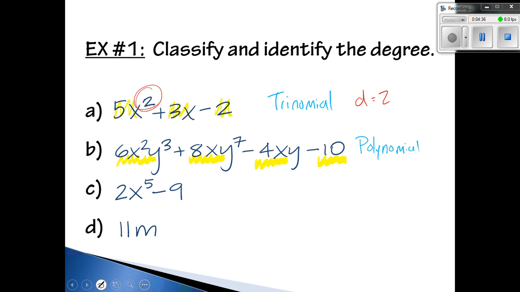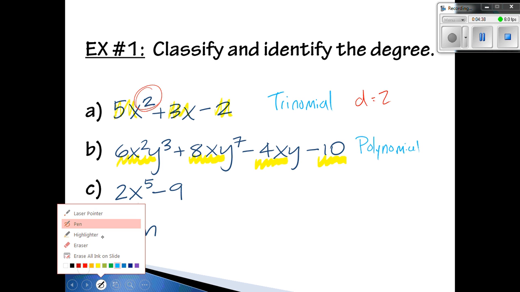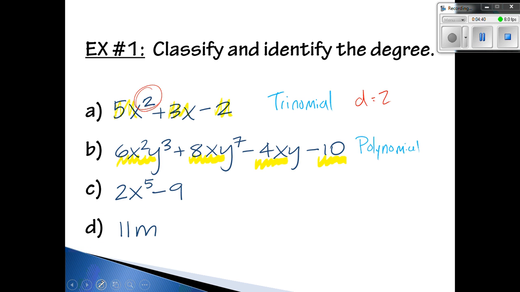And now what's my degree? Well, this is one where we have to add. So I've got 2 plus 3, that would be 5. This is 1 plus 7, that's 8. This is 1 and 1, so that's a 2. What's the highest one? Yeah, it's 8. So it's a polynomial with the degree of 8.